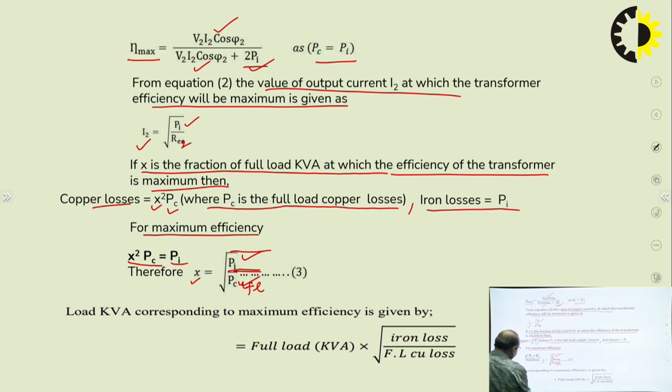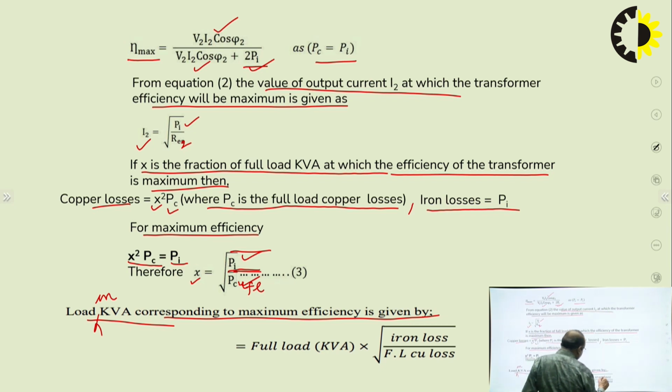So, the load in kVA corresponding to maximum efficiency of a transformer can be written as X times of full load kVA, since we are taking X times of full load, and the value of X is under root of iron loss upon full load copper loss.